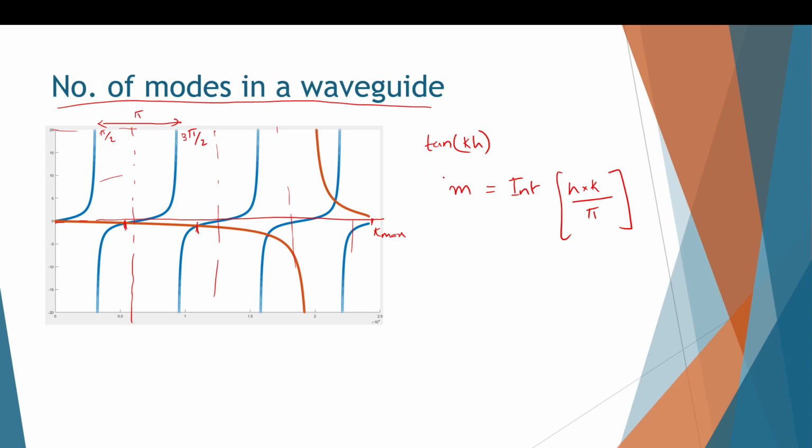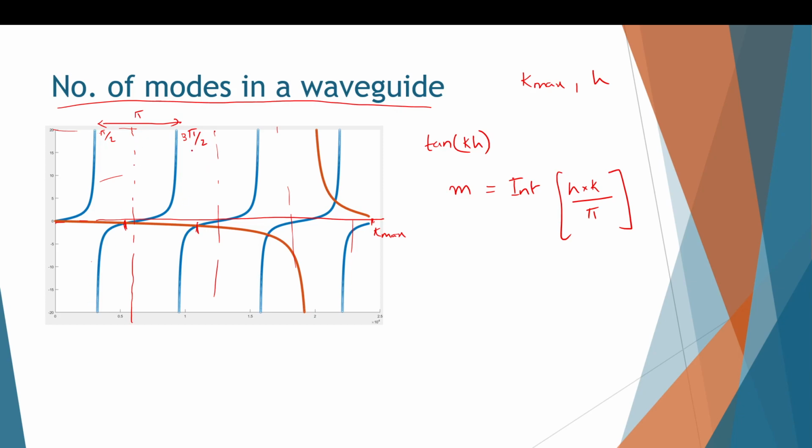So the number of modes that are confined depends critically on kappa max and h. If kappa max was small, then the number of modes that would have been confined would be less. If my h was small, such that there were only two tan functions here, that means that kh becomes pi very slowly.